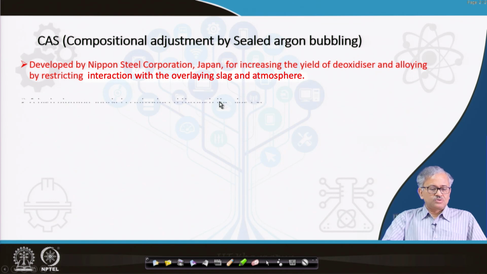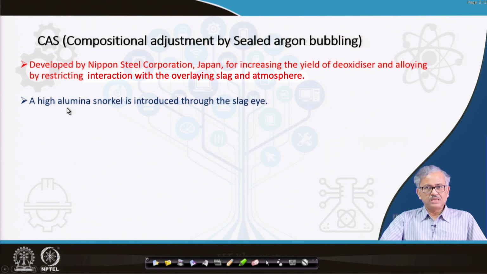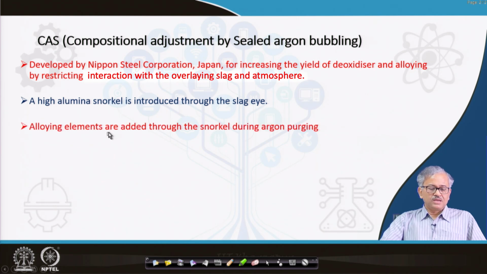So a high alumina refractory lined snorkel is introduced through the slag eye, and alloying elements are added through the snorkel during the argon purging. You are doing the argon purging, then you add the alloying element as well as deoxidizer.